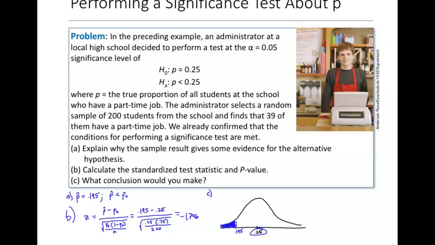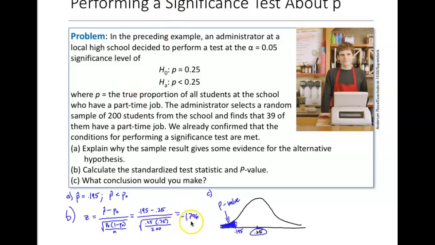If it's not that unlikely, we'll go, I could have just gotten this sample by random chance, and I don't think I have enough evidence to conclude that the null hypothesis isn't true, okay? All right, so what I want to do is find that area. That is my p-value. And that's my probability that I get my sample if my null hypothesis is true.